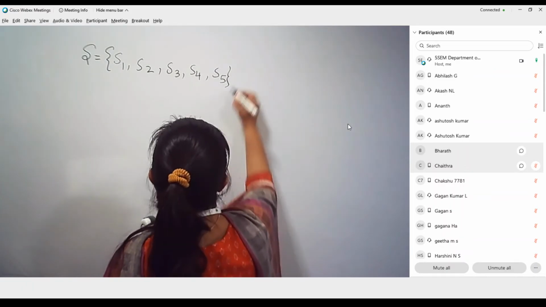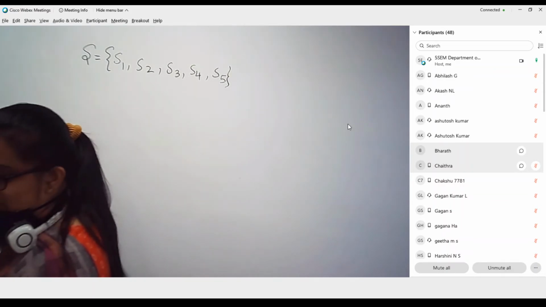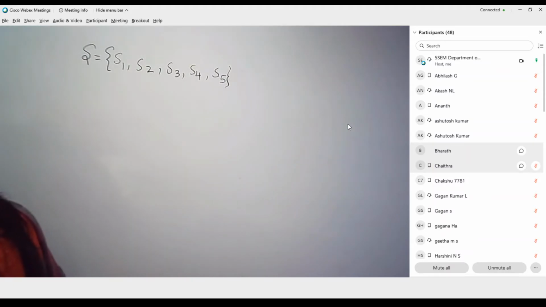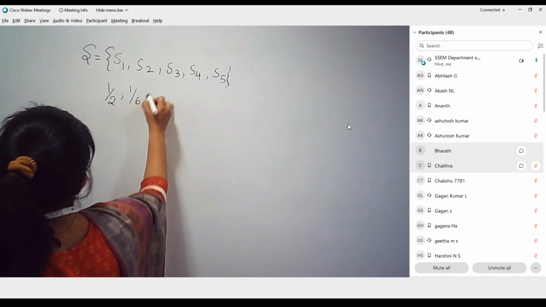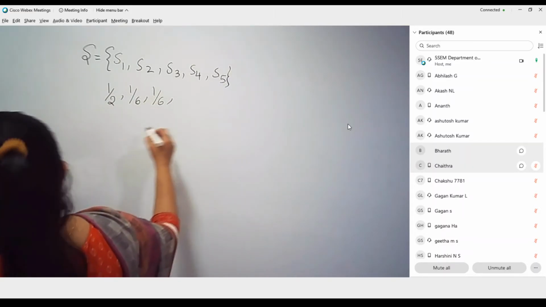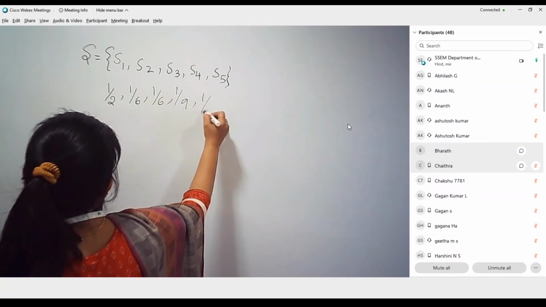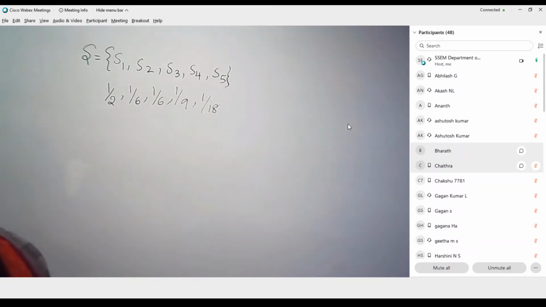Produces these symbols with respective probabilities of 1 by 2, 1 by 6, 1 by 6, 1 by 9, 1 by 18.